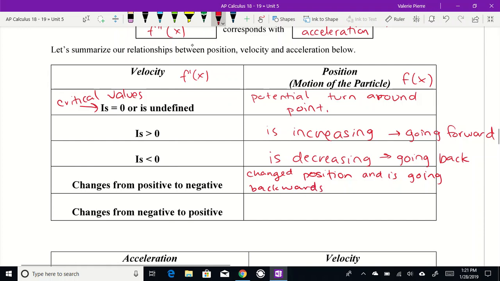And if we're changing from negative to positive, then our particle has changed positions and is going forward.